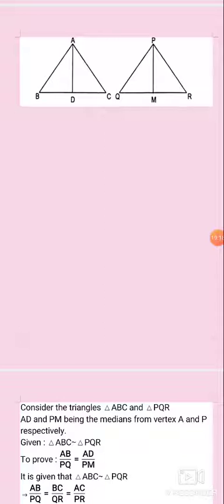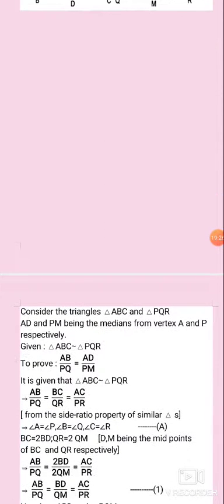Now it is given that triangle ABC is similar to triangle PQR. So we can write the sides in the same proportion: AB by PQ is equal to BC by QR is equal to AC by PR. Now from the similarity of the two triangles, angle A is equal to angle P, angle B is equal to angle Q, angle C is equal to angle R. Now BC is equal to twice of BD, QR is equal to twice of QM, since D and M are the midpoints of the sides BC and QR respectively.